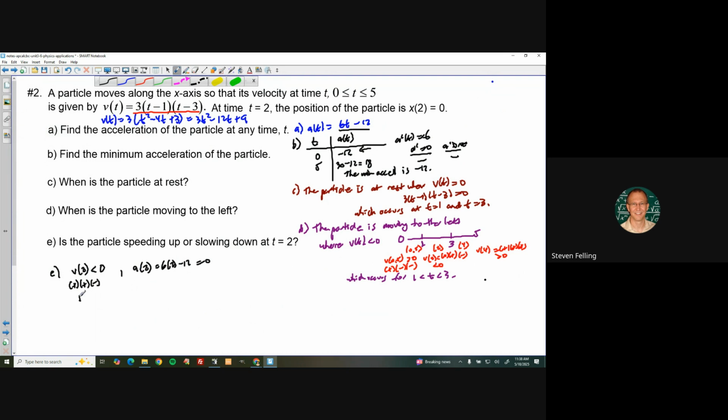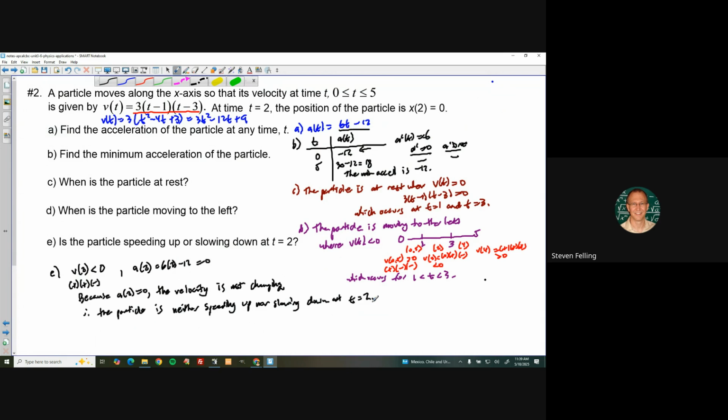So I think we'll say this: because a of 2 is 0, the velocity is not changing. Therefore, the particle is neither speeding up nor slowing down at t equals 2.